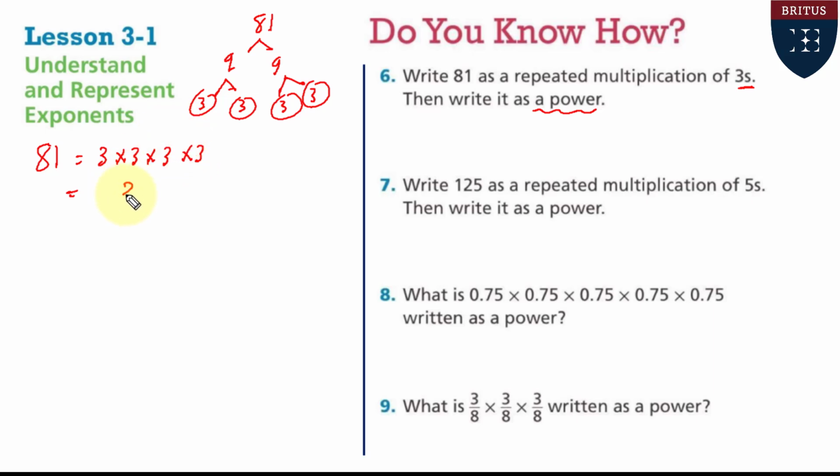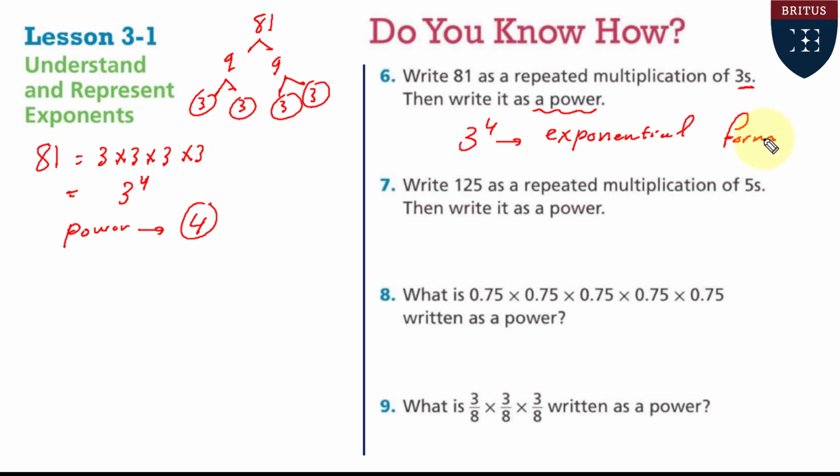We can write it as 3 raised to the power 4. Its power is what? Yes, its power is 4. Don't forget this. And 3 raised to the power 4 is called what? It's called the exponential form. Don't forget: exponential form.